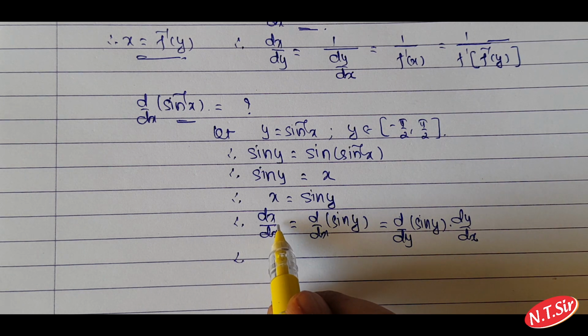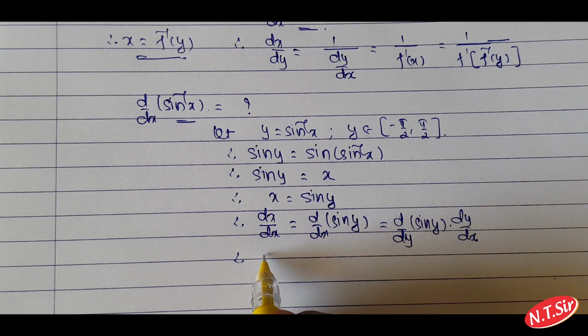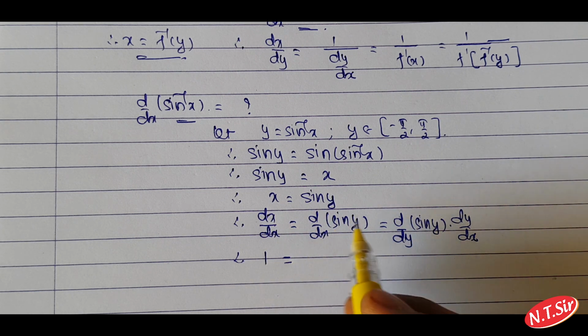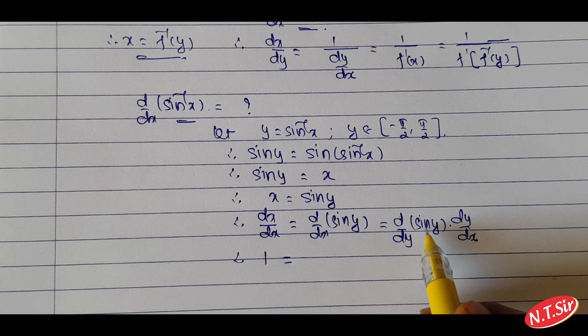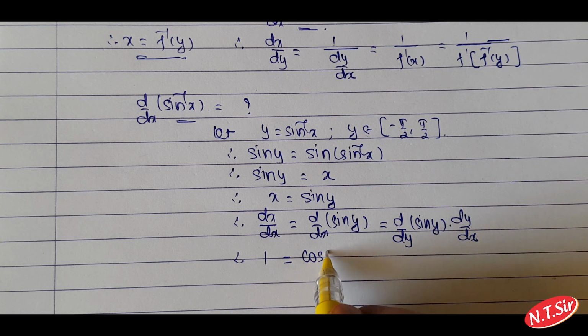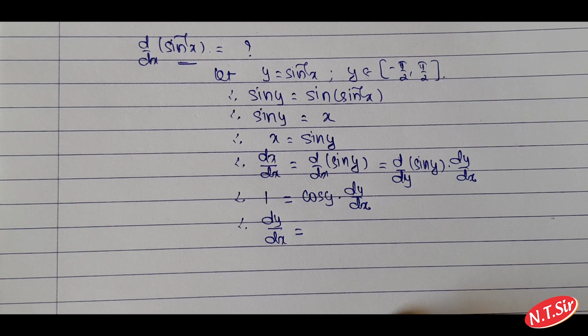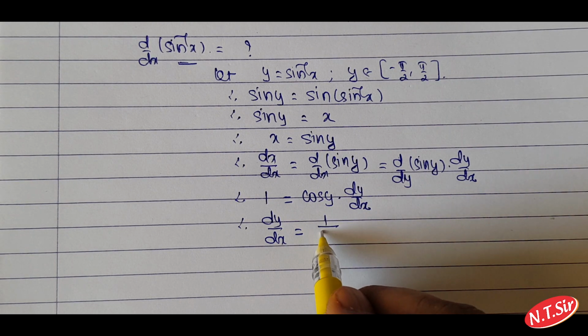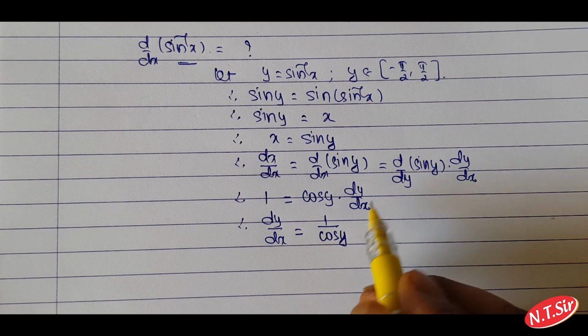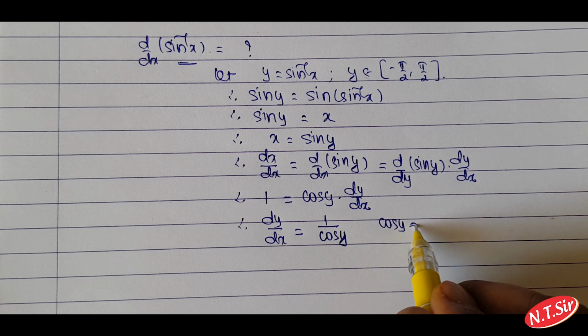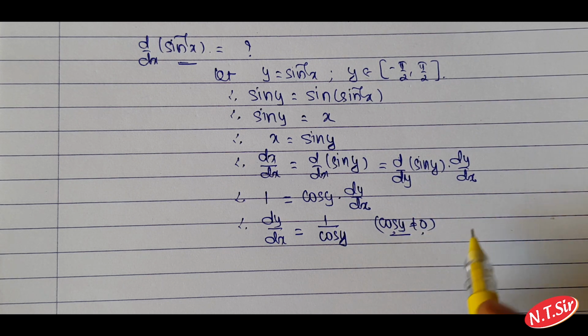Now the derivative of x with respect to x is 1, and the derivative of sine y with respect to y is cos y into dy by dx. Since cos y is not equal to 0, dy by dx is equal to 1 upon cos y.